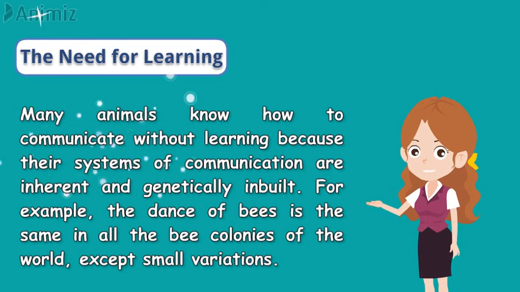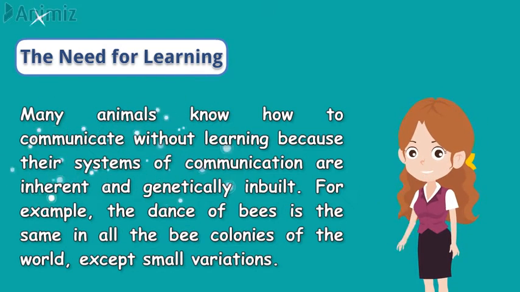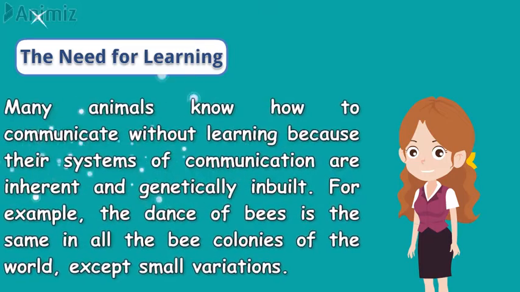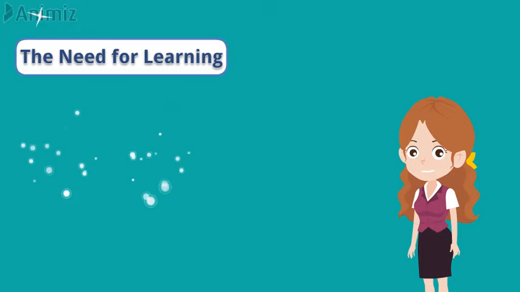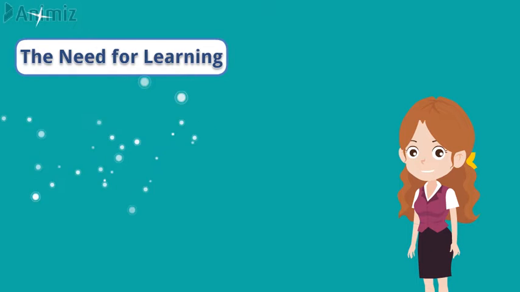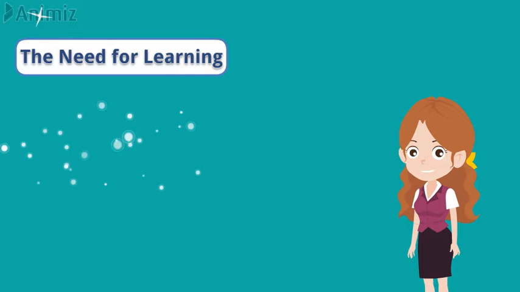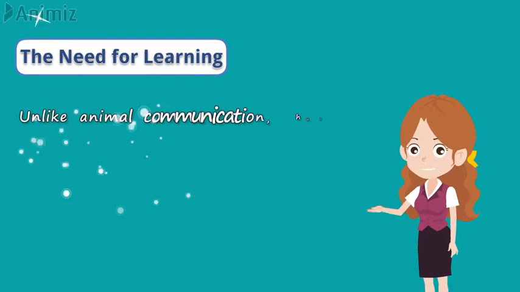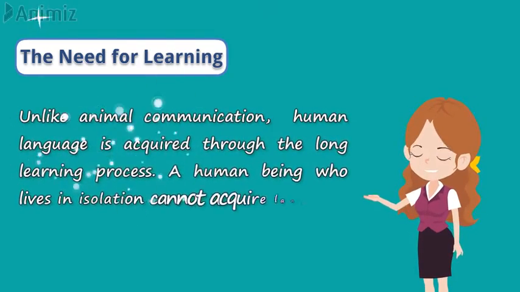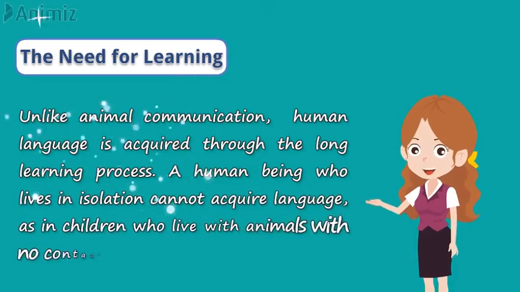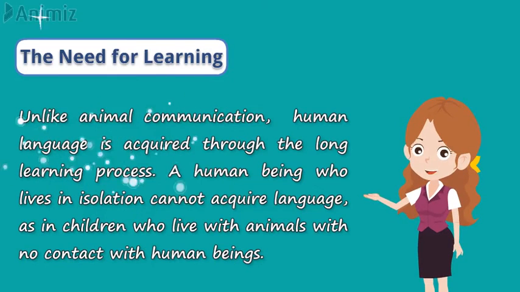For example, the dance of bees is the same in all the bee colonies of the world, except small variations. Unlike animal communication, human language is acquired through the long learning process. A human being who lives in isolation cannot acquire language, as in children who live with animals with no contact with human beings.